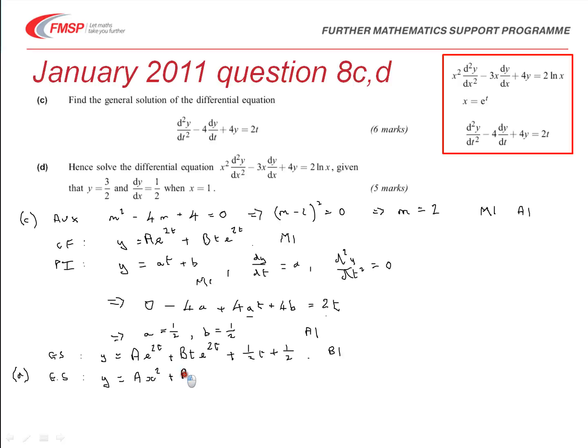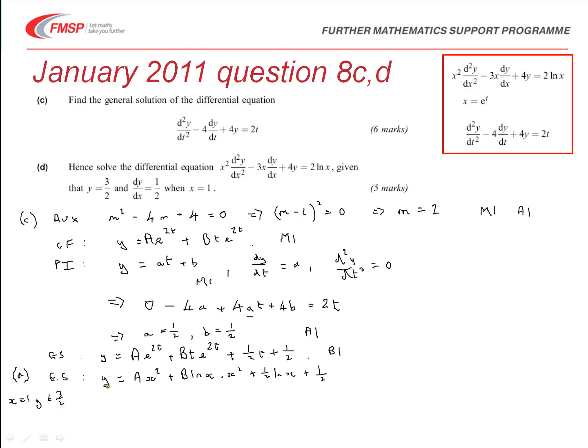So this becomes b ln of x times x squared. Similarly again, we got half t, so that's half ln x plus a half. Now the first condition we've got is that when x is 1, y is 3 over 2.